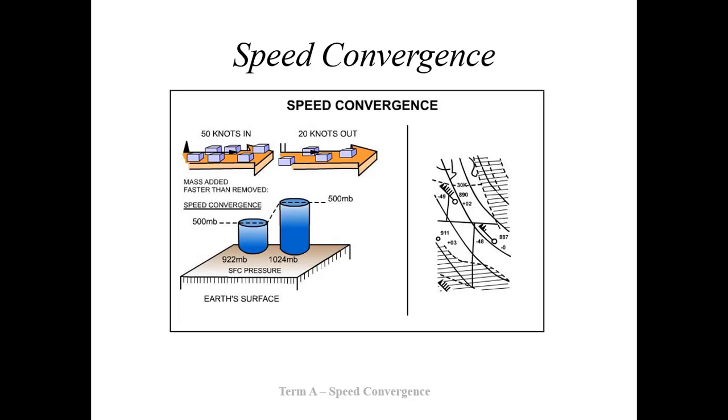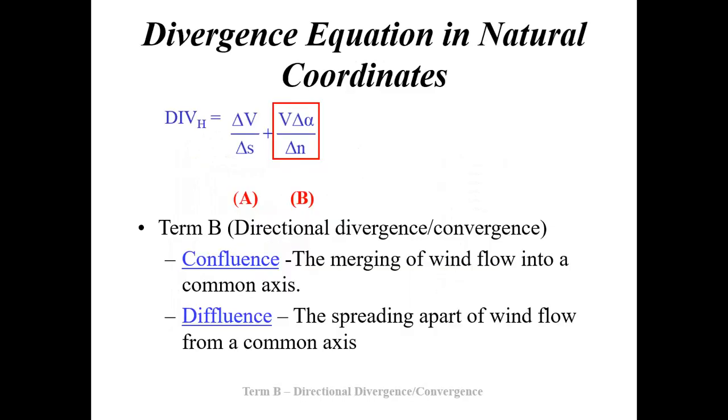So in this case, if we compare these two stations, we have 105 knots downstream of 140 knots of wind. So the 140 knots of wind is blowing much quicker. Eventually, those parcels are going to catch up to the slower moving parcels ahead of them. That's going to result in accumulation of mass, sinking air motion, and ultimately your upper level heights, your constant pressure surfaces, are going to start rising.